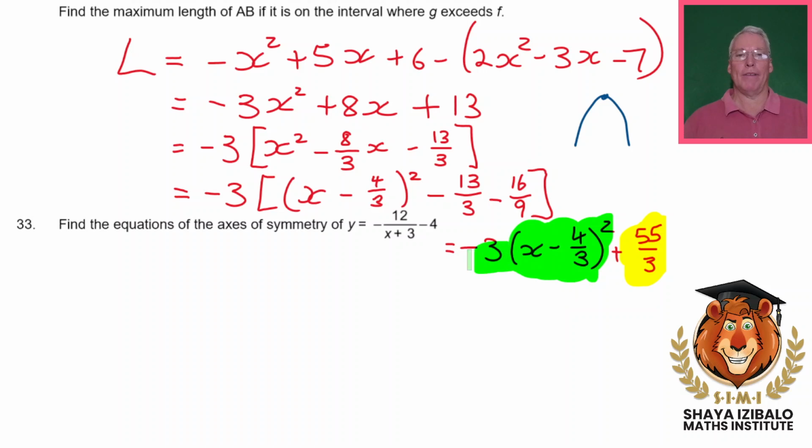But when you multiply it by negative 3, it's always negative. So we are always going to be subtracting from 55 over 3 unless x is 4/3. And if x is 4/3, then we will get 55 over 3. So this here is the maximum length.